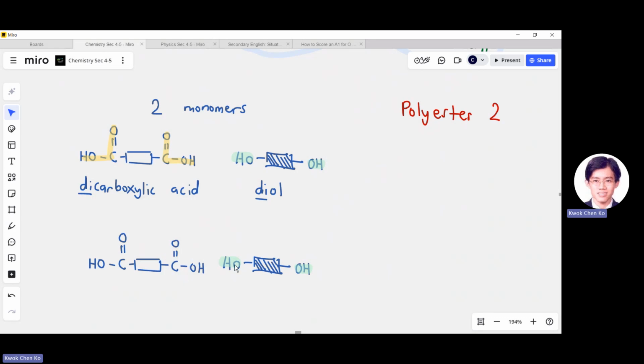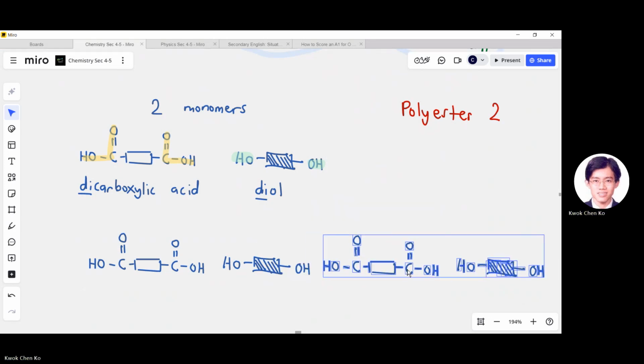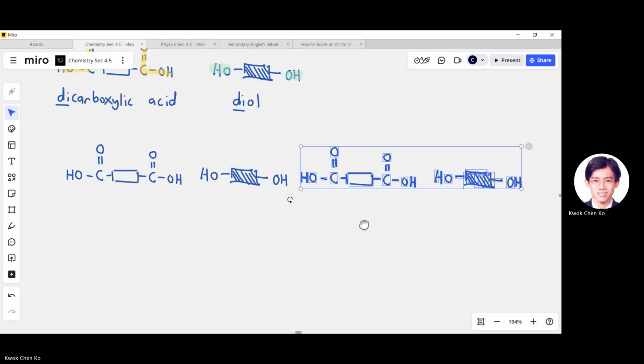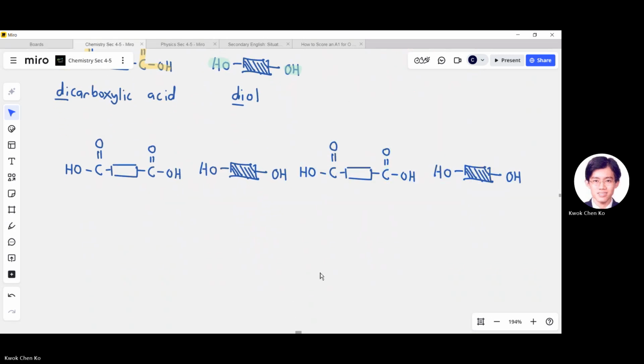You need a lot more, thousands of them at least, even millions. I continue putting them alternately. Guess what? The same thing happens. At the carboxyl group, OH comes out. At the hydroxyl group, H comes out.